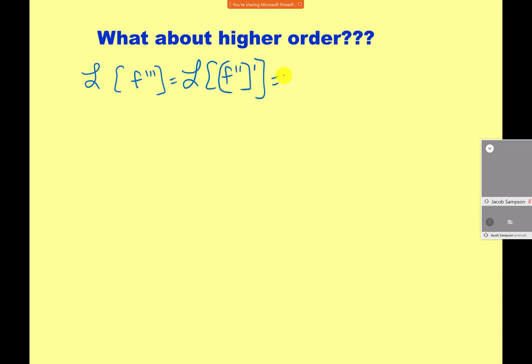Similar to what I just did, you can probably see what the pattern would be, because that would be s in there, and it would give me another s, so bottom line it's going to be s cubed times the Laplace transform of y, and then it's going to have an s squared times the initial value, and then minus an s times the first derivative, and then it would finally have on the end the initial value of the second derivative.